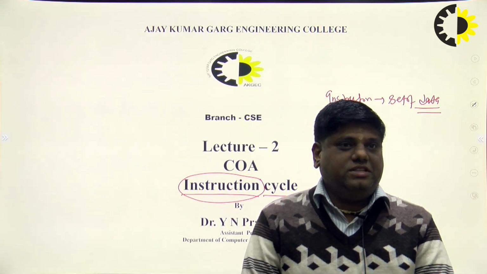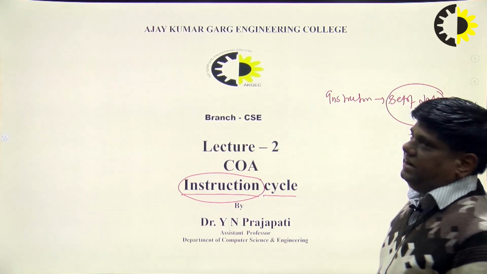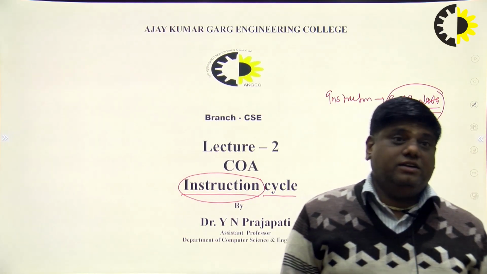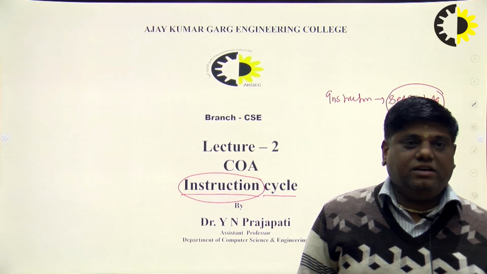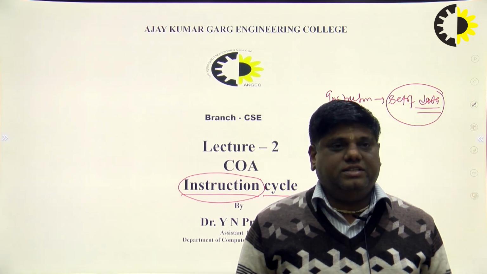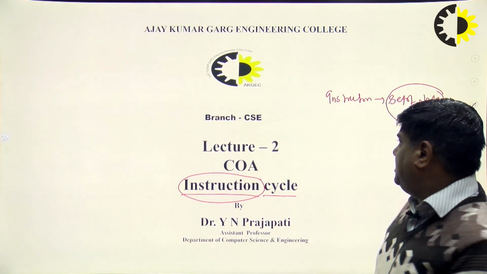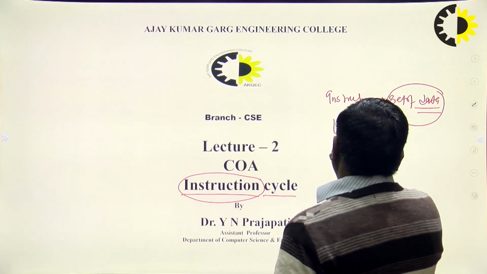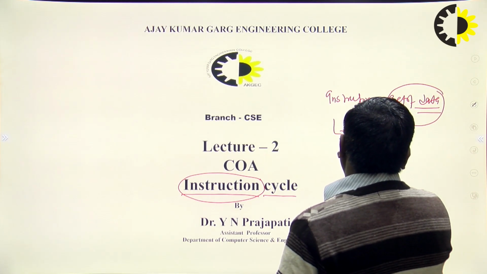A set of data, and all the data are written in a specific manner or in a specific order, so we can say that a set of data is known as the instruction.